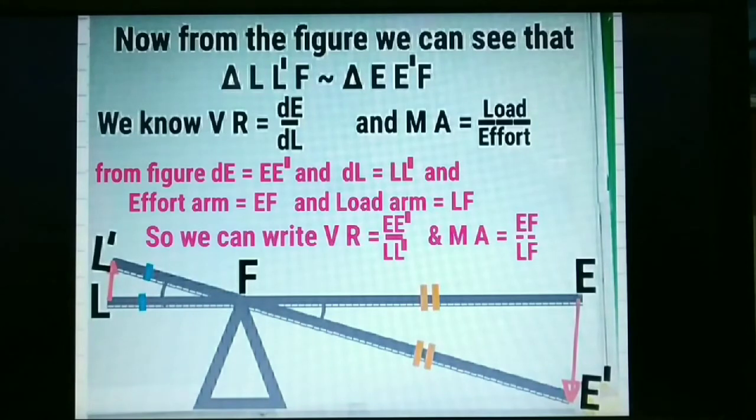Now, again from the figure, displacement of effort is equal to EE' and displacement of load is equal to LL', and effort arm is equal to EF and load arm is equal to LF. So we can write velocity ratio as EE' divided by LL' and mechanical advantage as EF by LF.